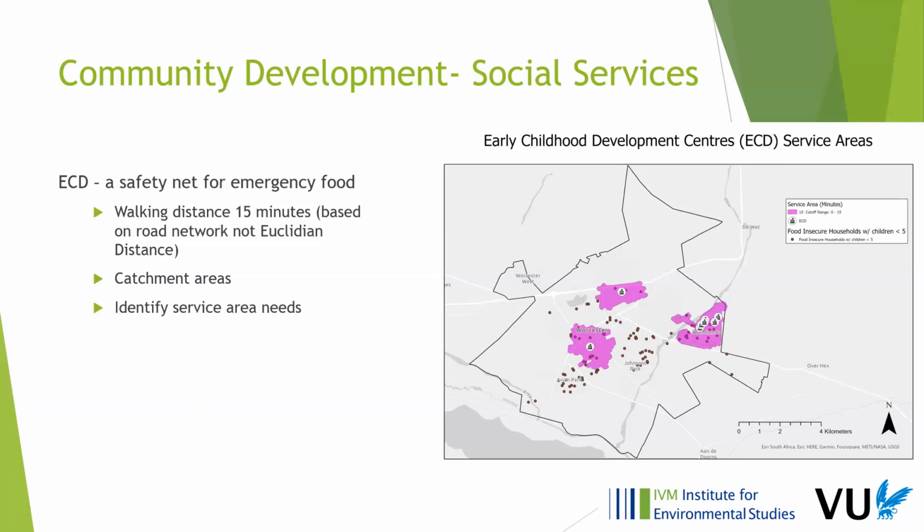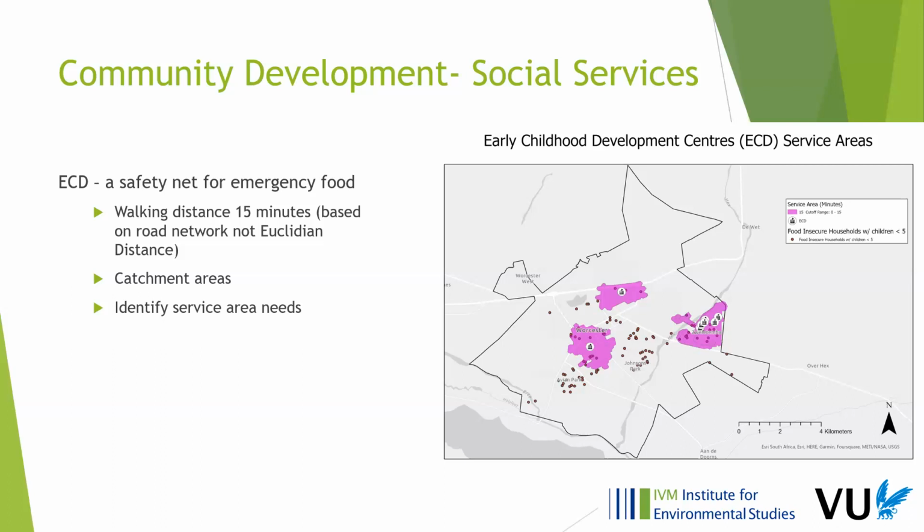What we found here is we were asking the question, where is the catchment area of the early childhood development centers? There is a catchment service area tool in the GIS applications, or in ArcGIS, where I wanted to see, if I know where all the early childhood development centers are located, where are the households that are within a 15-minute walk to the childhood center.